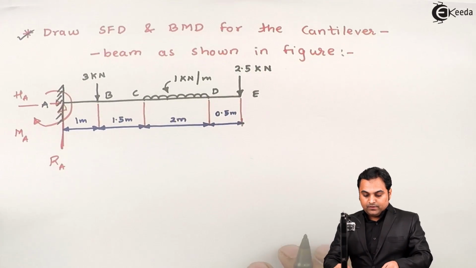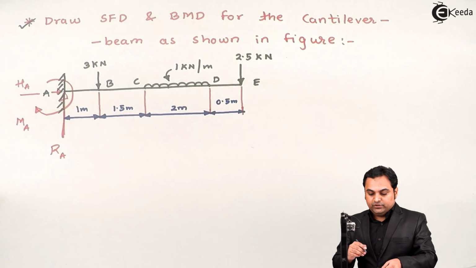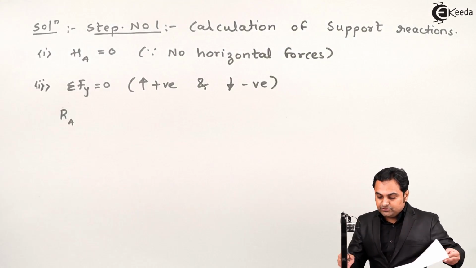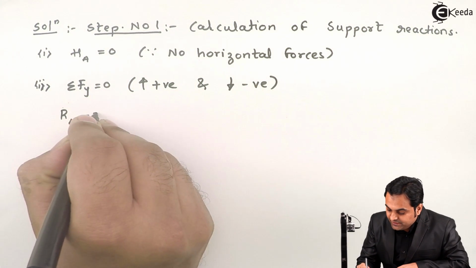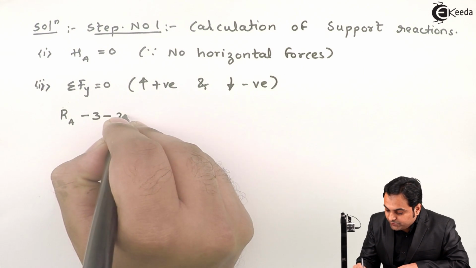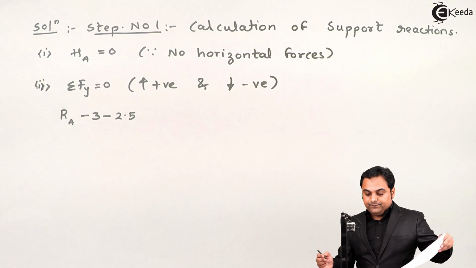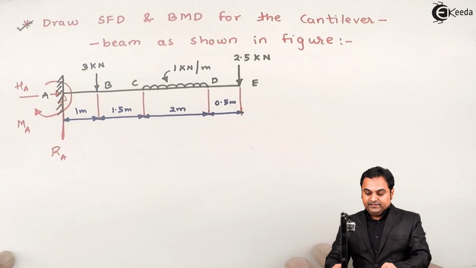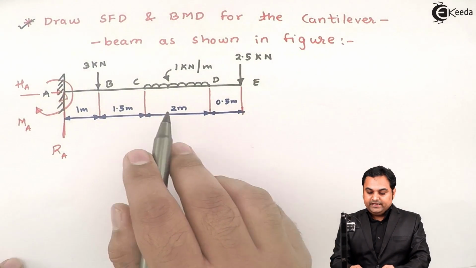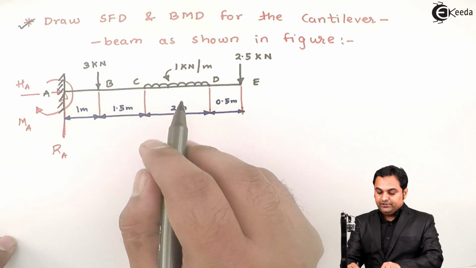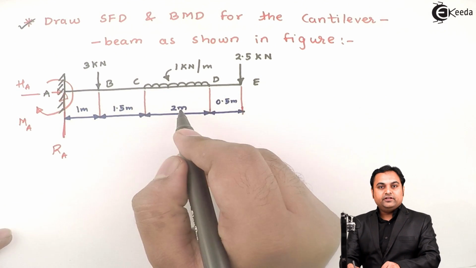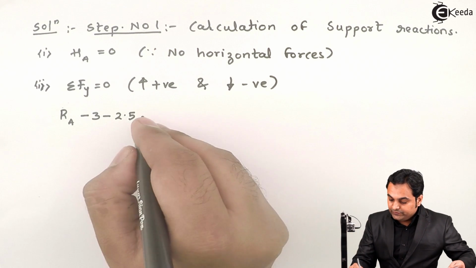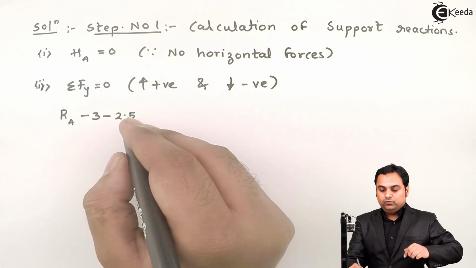Then 3 kN is acting downward, so negative, and 2.5 is also downward. So minus 3 minus 2.5. Next, UDL is there for a length of 2 meter and its value is 1 kN per meter. So 1 into 2 will give me the value of load, and that load will be acting downward.